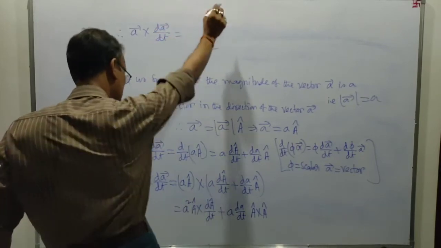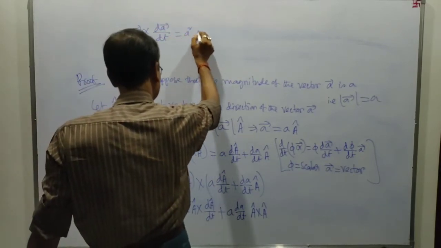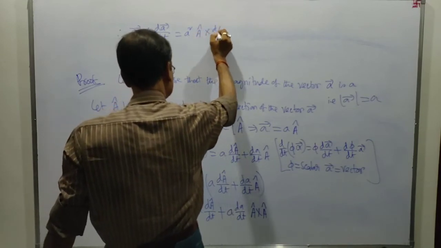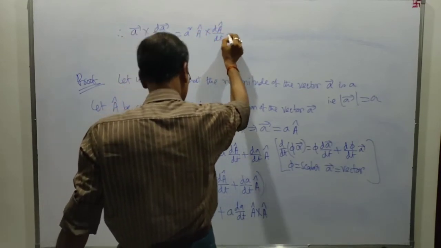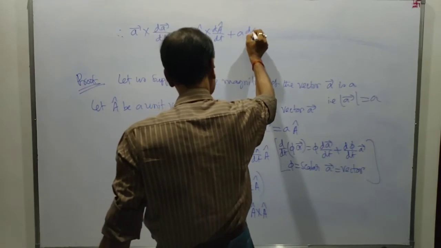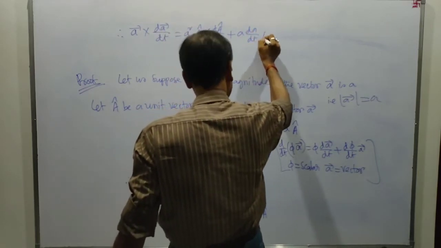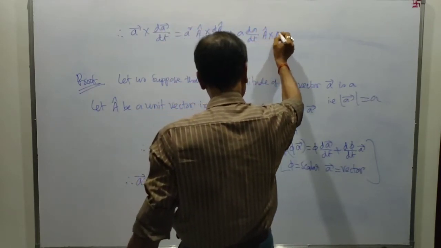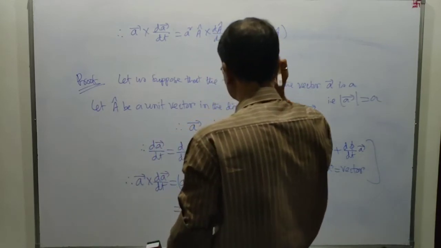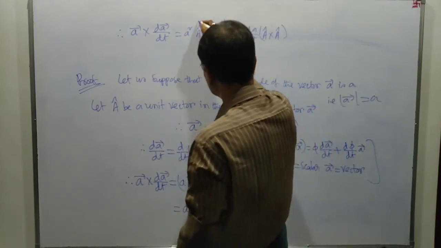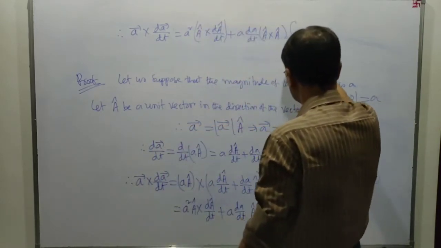Therefore, you have obtained A vector cross dA vector by dt equal to A square A cap cross dA cap by dt plus A dA by dt, A cap cross A cap. You may write this also with a bracket here.